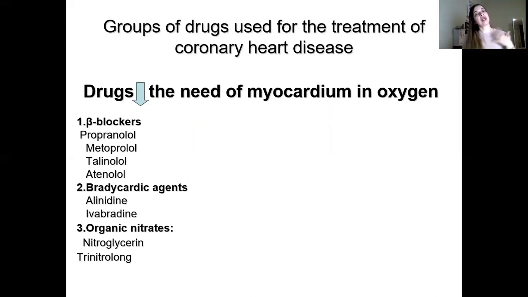The drugs are beta blockers, which you already know, bradycardic drugs, which reduce the heart rate, and the organic nitrates, nitroglycerin. This is the most popular, the most widely used drug, nitroglycerin. I'm sure that you have heard about it. This is the drug which reduces the demand for oxygen of the myocardium.